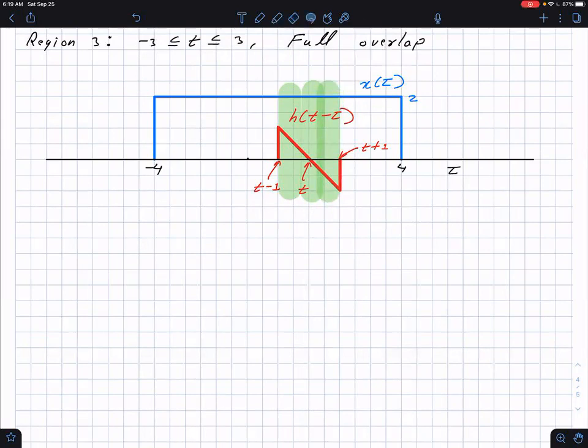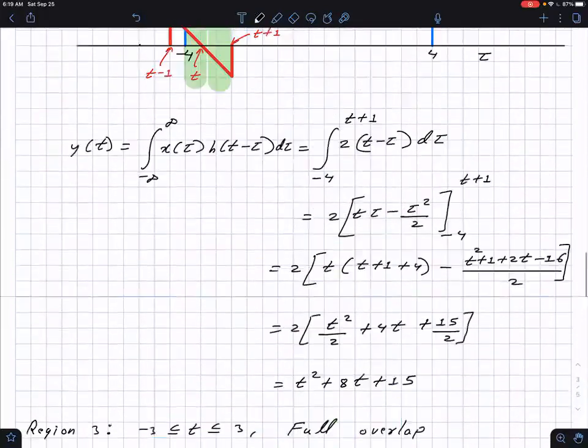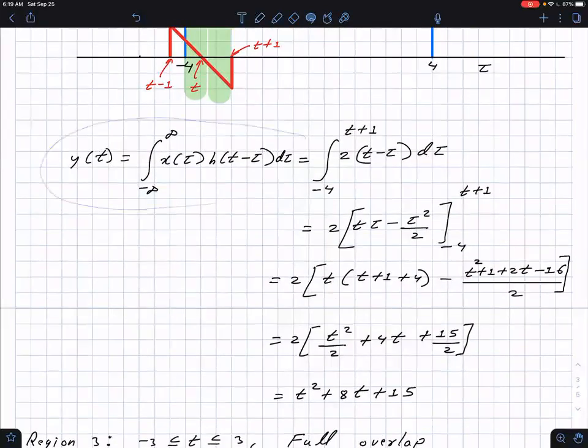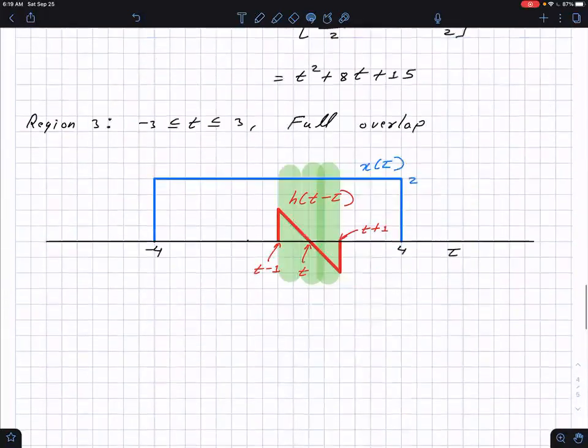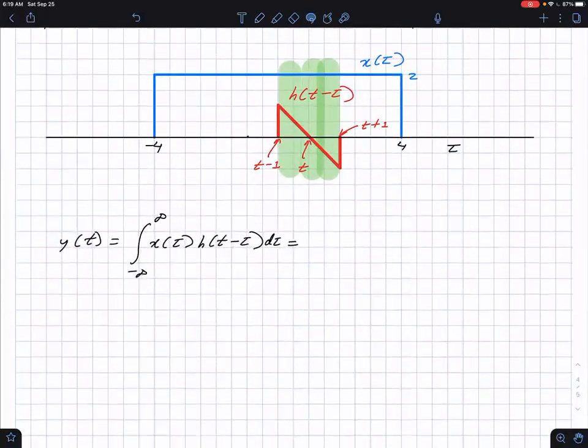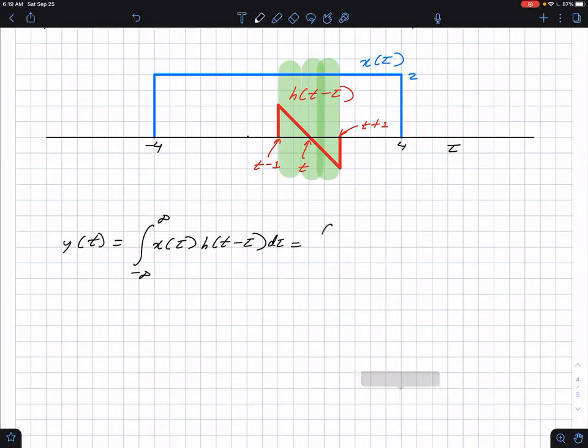So what we can see now is that the overlap begins at the left end of the red function, which is t minus 1, and it ends at the right end of the red function, which is t plus 1. Those 2 points are important because they will become our integral limits. Right, because we're trying to integrate the product between x and h, and that product is non-zero only in the range t minus 1 to t plus 1, as we can see from our graph.